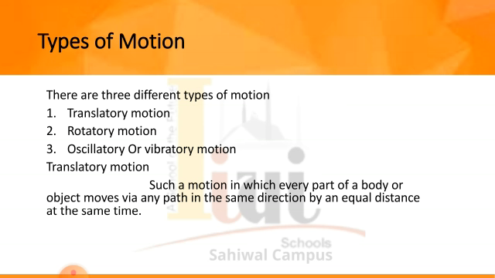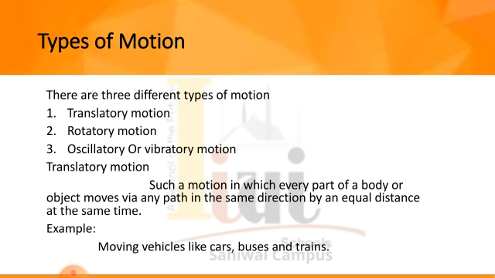For example, the bus as a whole moves all along the path. This is known as translatory motion. Moving vehicles like cars, buses and trains show translatory motion. If we take the example of a bus, the bus moves as a whole all along the path.